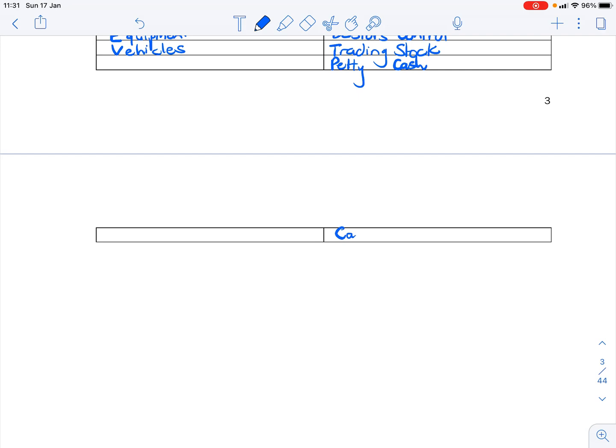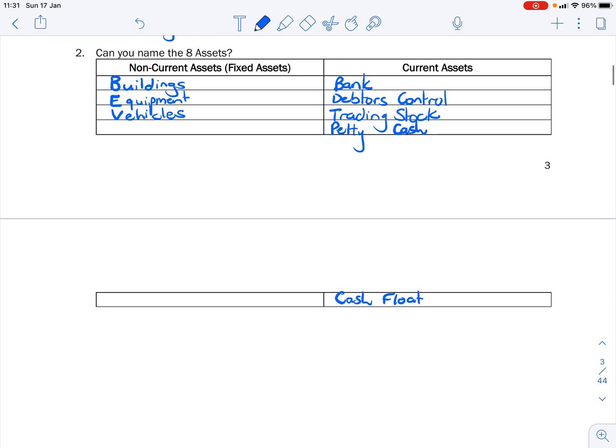And finally, we have cash float. Now remember, your cash float is the money in the till at the start of the day. Our trading stock is goods that we need to sell in order to make a profit using a markup. Debtors control is when people owe us money, and bank is when we pay or receive cash.